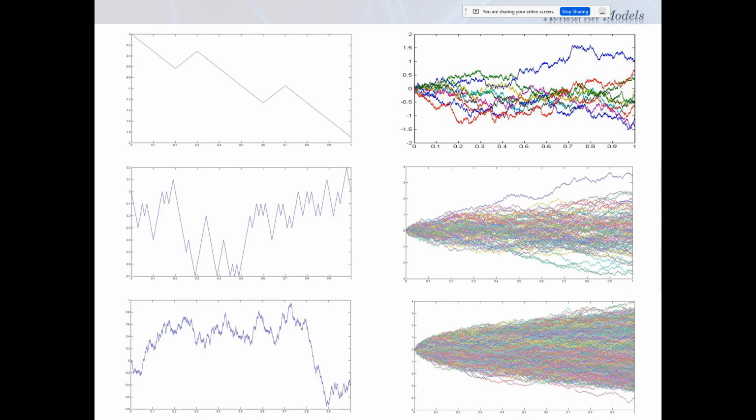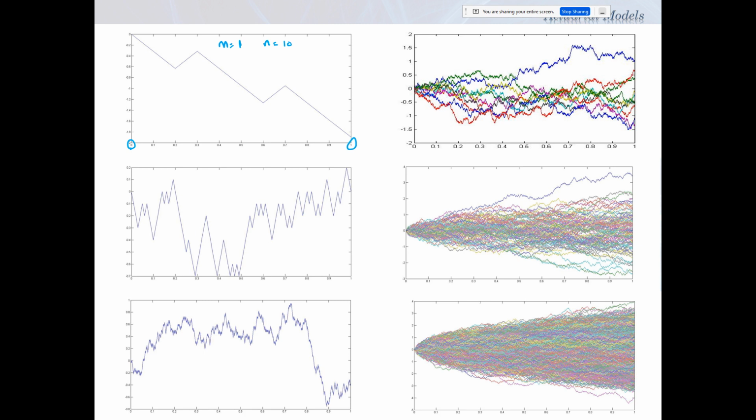So these are MATLAB simulations. I do have the codes, and I may send them to you on Google Classroom. For example, here I'm taking only one trajectory. Let's say m is the number of trajectories and n is the number of time steps that I'm including from 0 to 1.